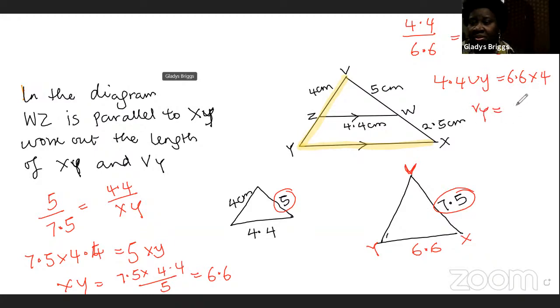VY is equal to 6.6 times 4 over 4.4. So you put that into your calculator and you should get the answer. And I got 6. VY is equal to 6. That's what I got.